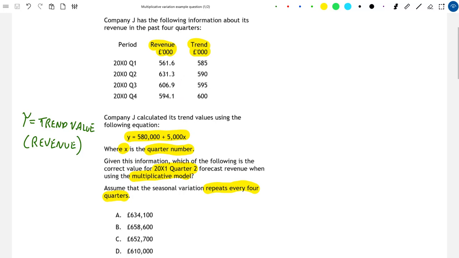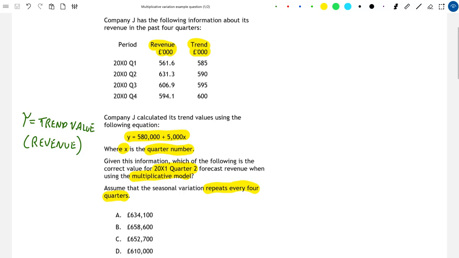Sometimes the trend value is above the actual value for revenue, as in 20x0 quarter 1, and on other occasions the trend value is below the actual value for the revenue in that quarter. So using what we've noticed in this historical data, we can make corrections to trend values we calculate for future periods to make them more accurate, and doing this allows us to make better forecasts.